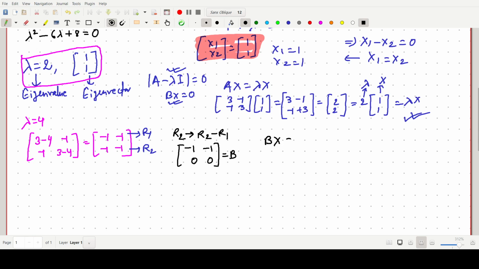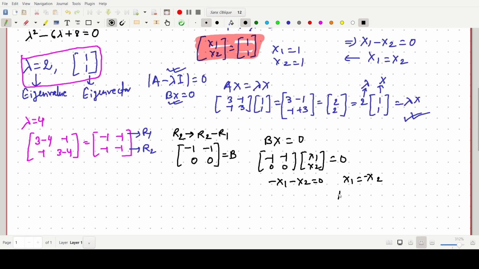Now Bx equals 0, so the matrix with rows minus 1, minus 1 and 0, 0 times x1, x2 equals 0. So we can write minus x1 minus x2 equals 0, so x1 equals minus x2.